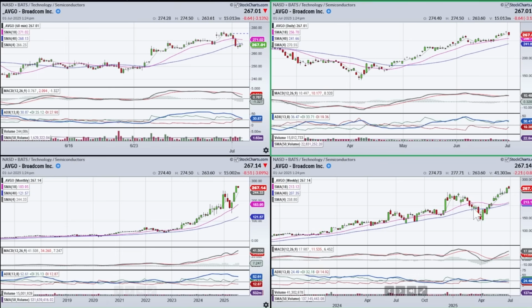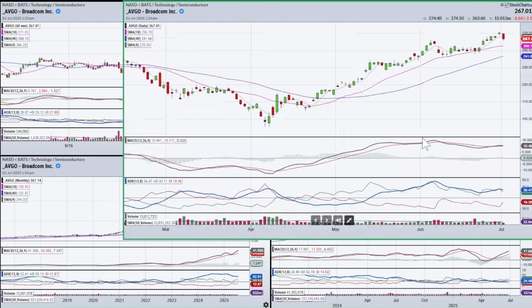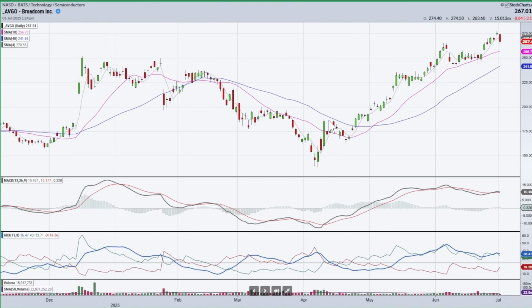Okay, so we've got our 4 time frames up with Broadcom, AVGO, monthly chart in the bottom left, weekly in the bottom right, daily in the upper right, and an hourly in the upper left. Now, I want to start with the daily. The first thing I would suggest is that I don't really like using indicators as triggers. I'd rather use price to signify it's a time to enter.